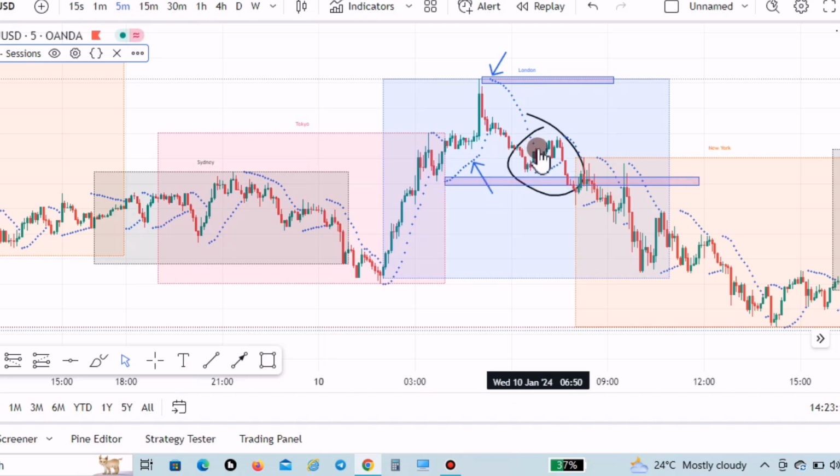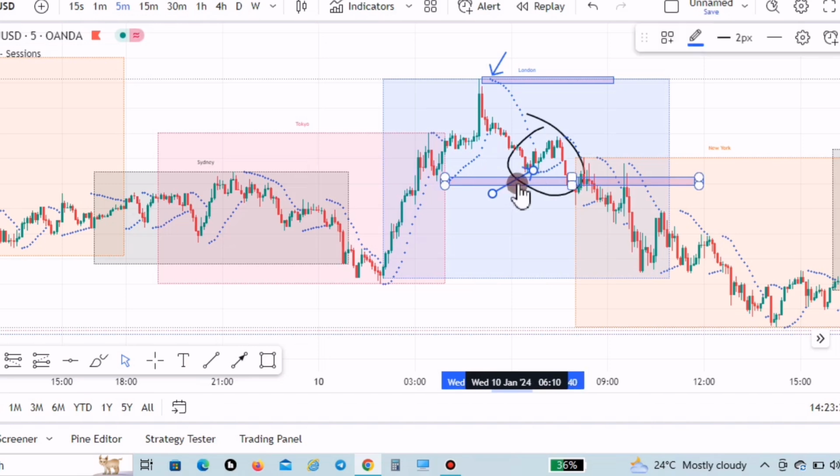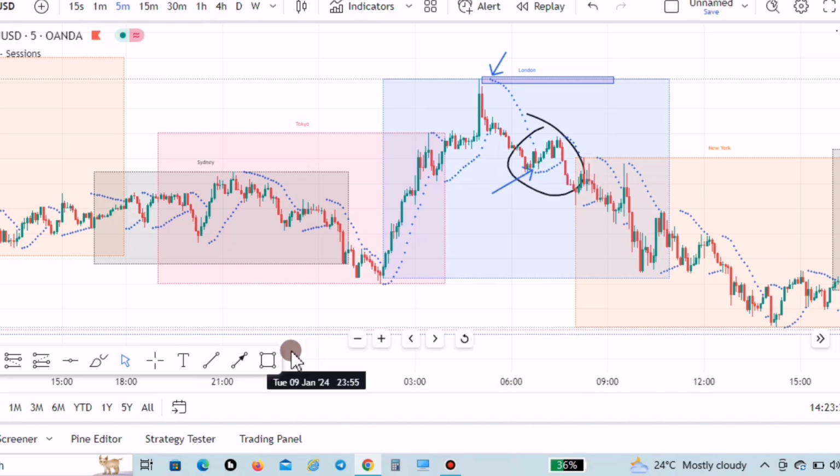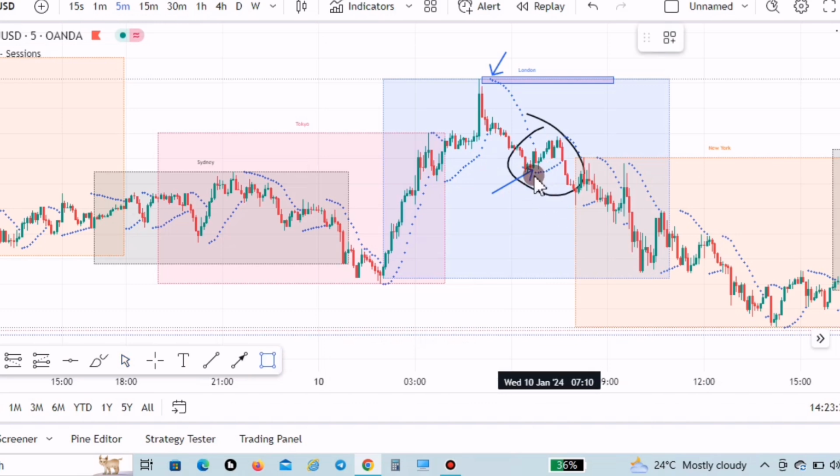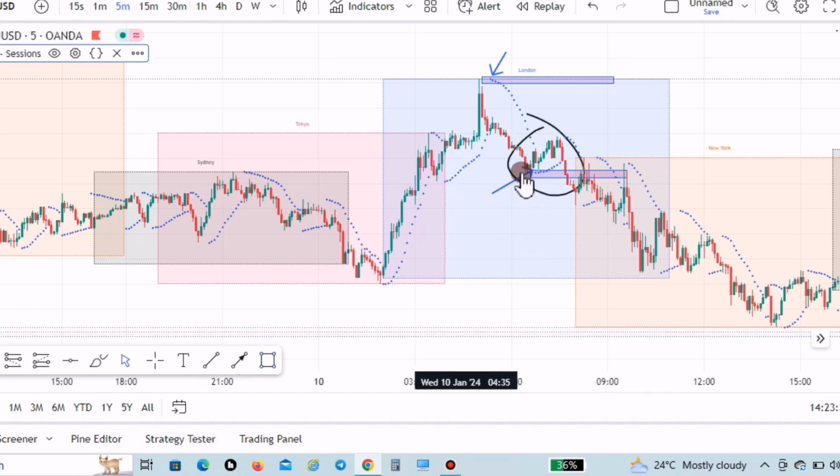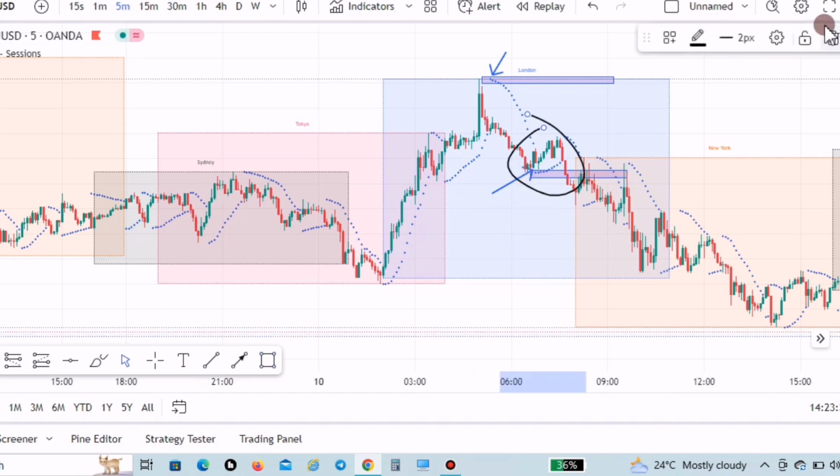So right here price kept on moving until you had that small dotted line. So now you are no longer looking at this one, but you are now looking at that smaller one like that. And let me remove this.